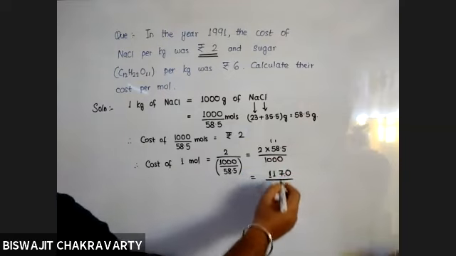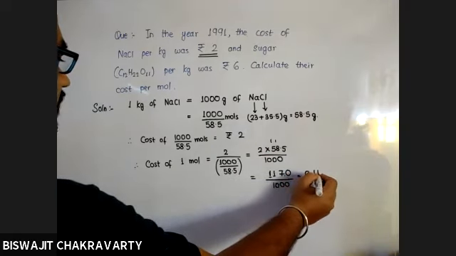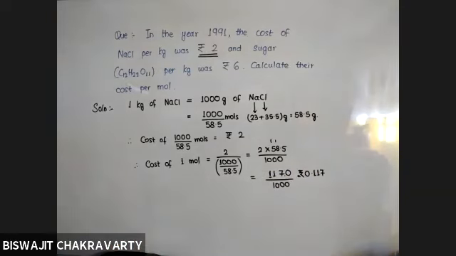I put a decimal because there is a decimal here, so will it not be 0.117 rupees? Yes, sir. In the same way, try to do for sugar and tell me what will be the value for sugar.